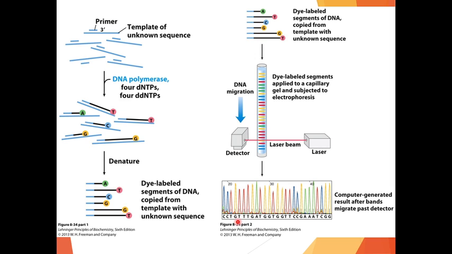Based on the color, each peak is given an identity, and each peak corresponds to individual nucleotides. Depending on the migration of these different fragments, the computer then decodes a sequence, and that's what you see here. This is the modern sequencing technique, and it is adapted from what Frederick Sanger had developed originally.